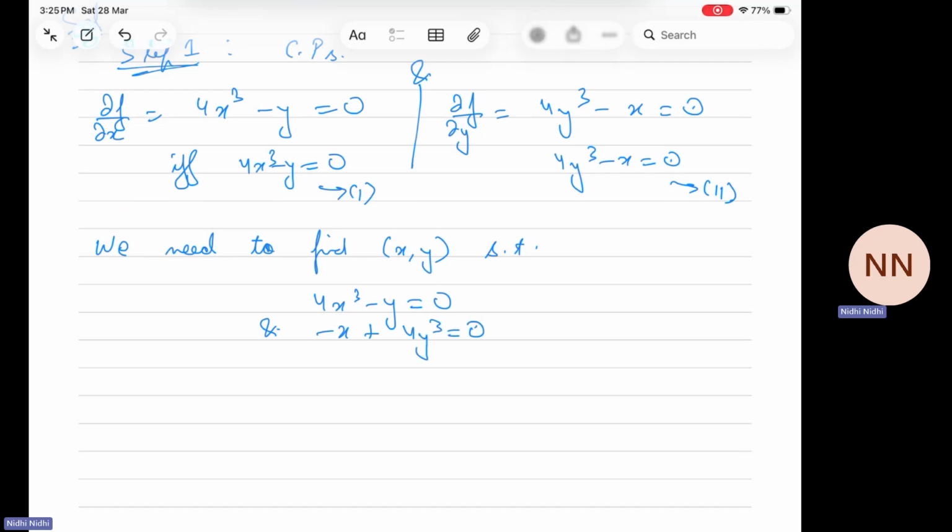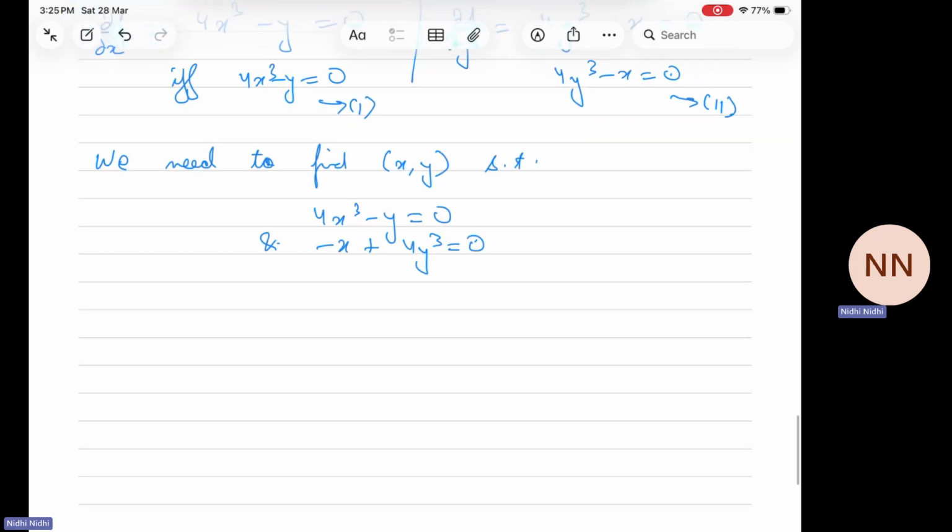We'll use the substitution method to find the point of intersection.